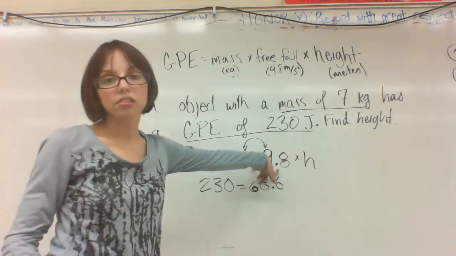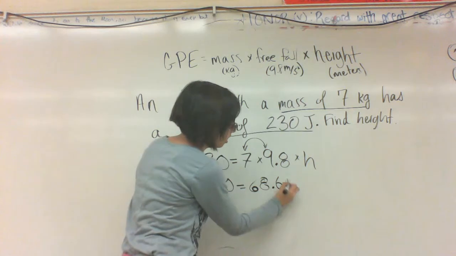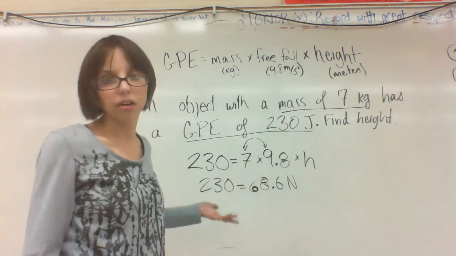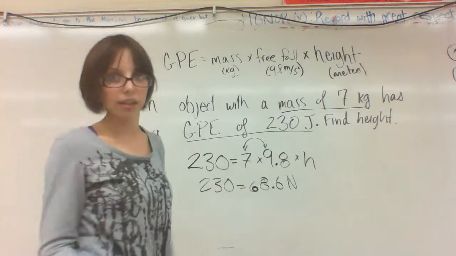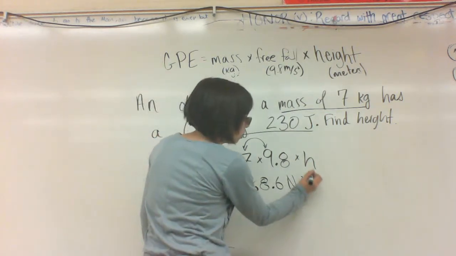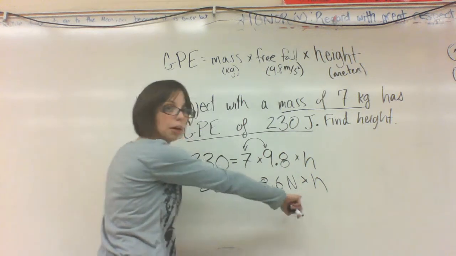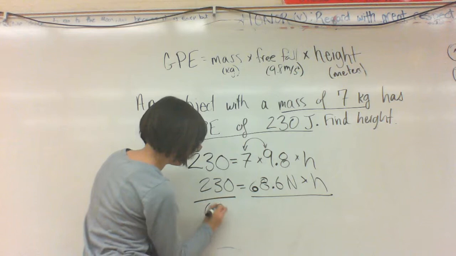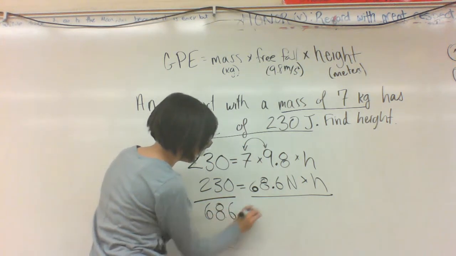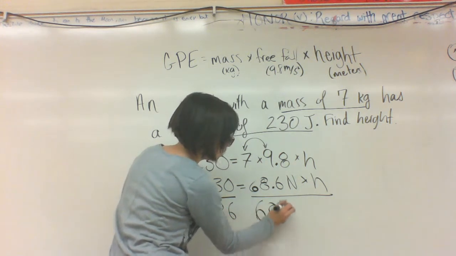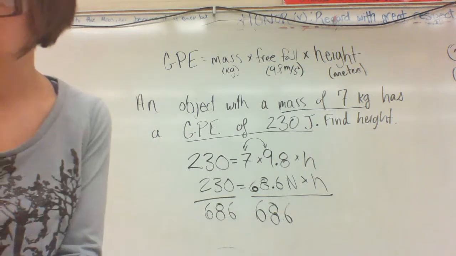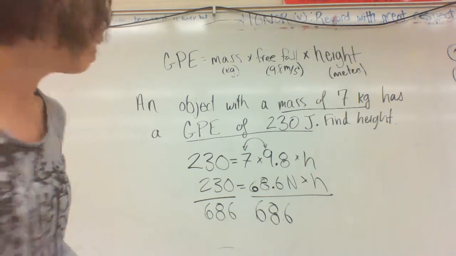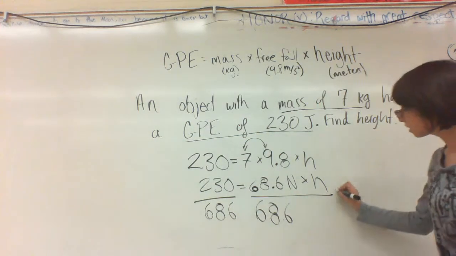When you combine mass and free fall, just super fun fact, it becomes newtons. I don't really care if you put that in your equation or not. I mean, you should know that, but I'm not going to dock you points for it. Times H, you know you do the opposite in order to get rid of that number. So divided by 68.6, so 230 over 68.6, and that number becomes my height.